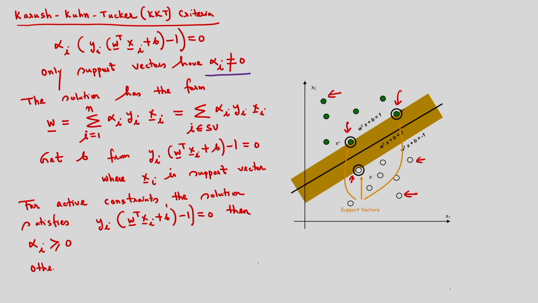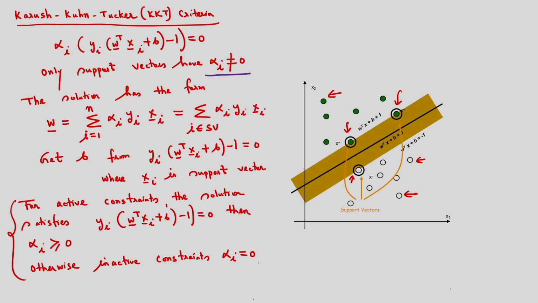Otherwise, for inactive constraints, alpha i is equal to 0. So this point is important. For active constraints, the solution satisfies yi into (w transpose xi plus b) minus 1 is equal to 0, then alpha i should be greater than or equal to 0.